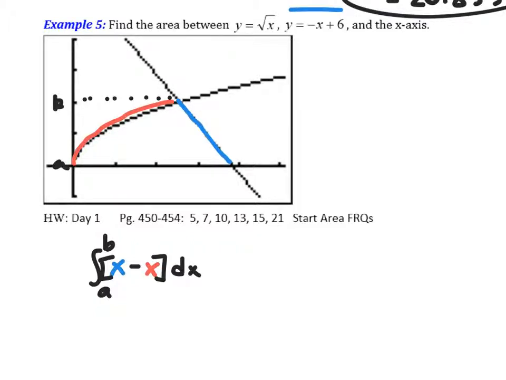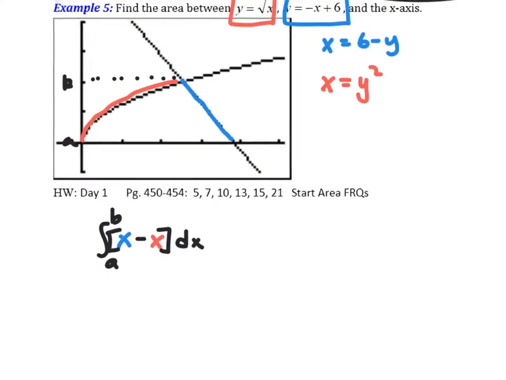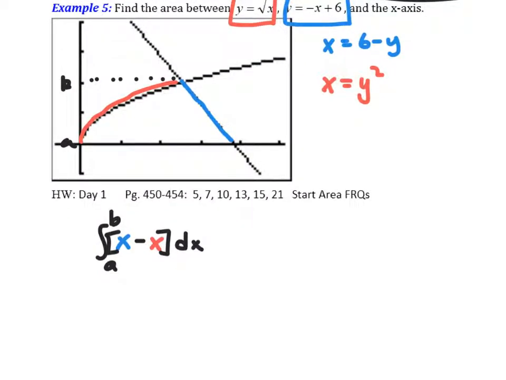So the blue x comes directly from this function here, which would mean that x equals 6 minus y. The red x comes from this function here, which means that x would equal y squared. So now I'm just integrating with respect to y instead of x like I did before.